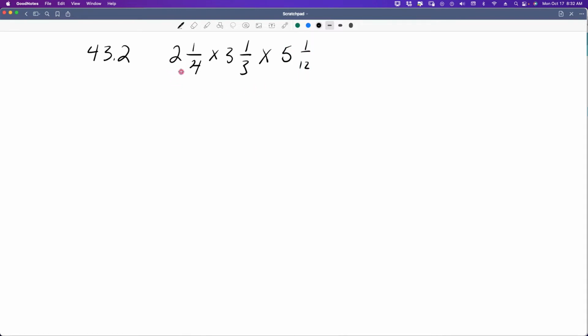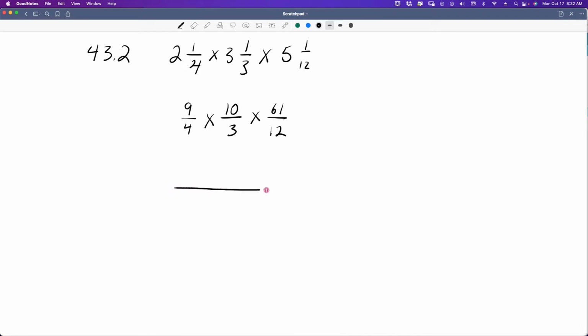All right, so let's start by turning it into an improper fraction. 2 times 4 is 8 plus 1. That's going to be 9/4 times 3 times 3 is 9 plus 1. That's 10/3 times 5 times 12 is 60 plus 1. That's 61/12.